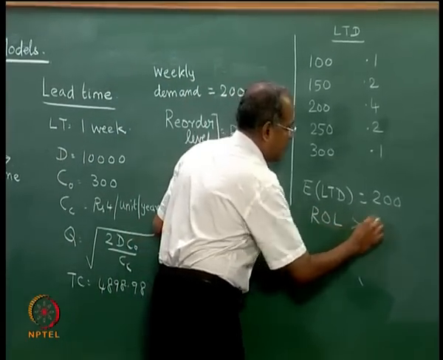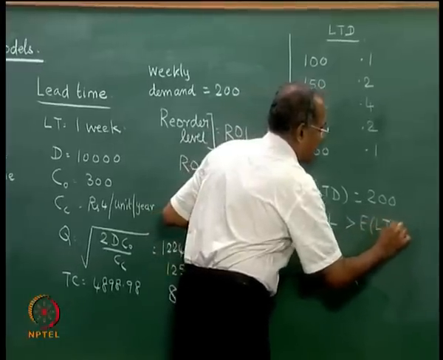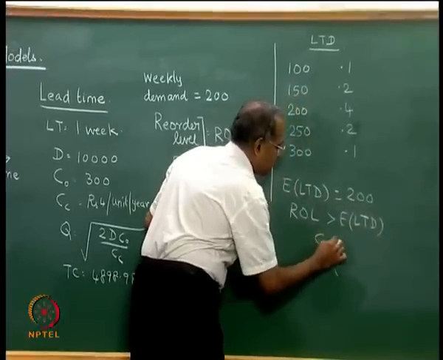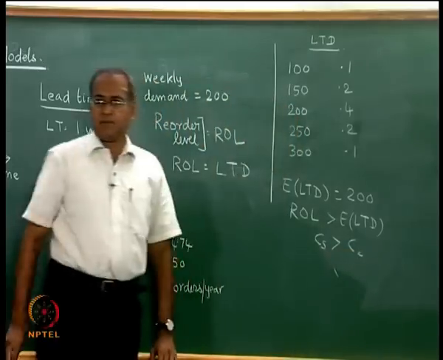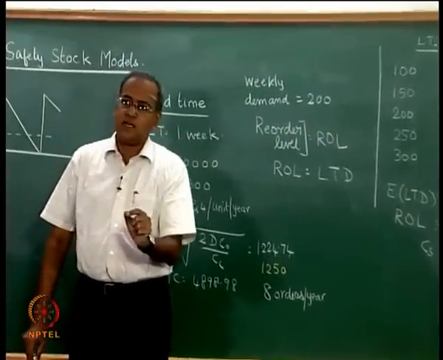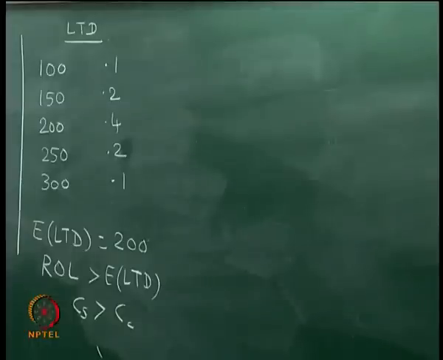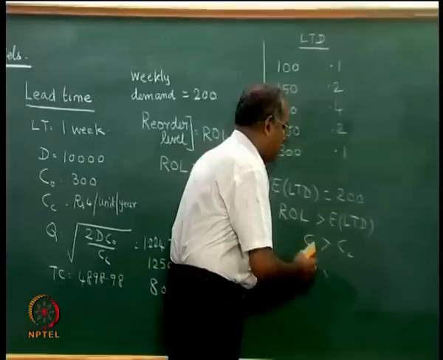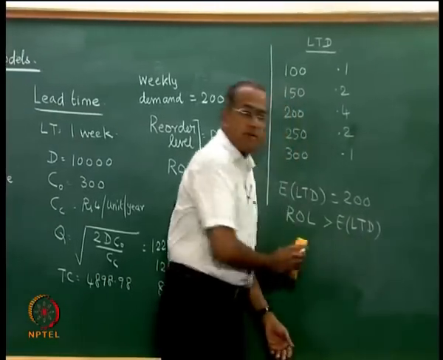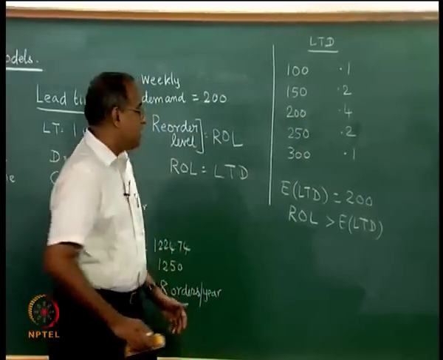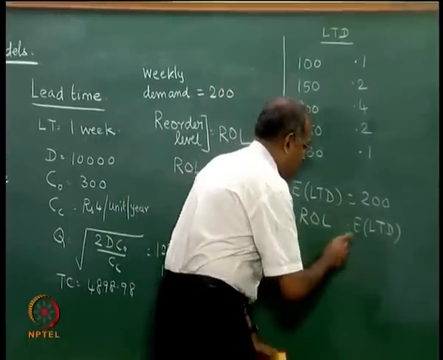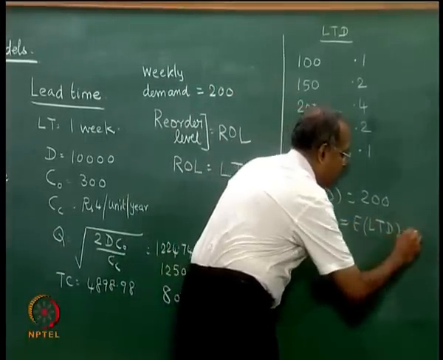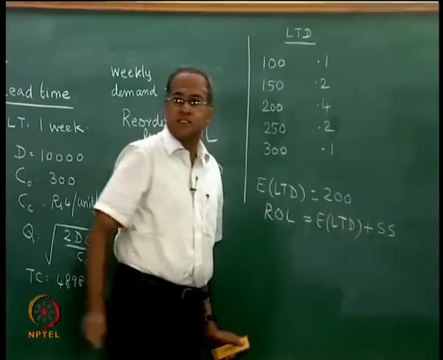Therefore, we end up having the reorder level always greater than the expected value of lead time demand if Cs is greater than Cc. Cs is shortage cost, Cc is inventory cost, and shortage cost is higher than inventory cost. So, reorder level is always greater than or equal to the expected value of lead time demand. So, reorder level is equal to expected value of lead time demand plus safety stock.